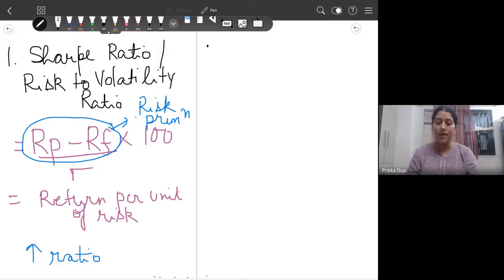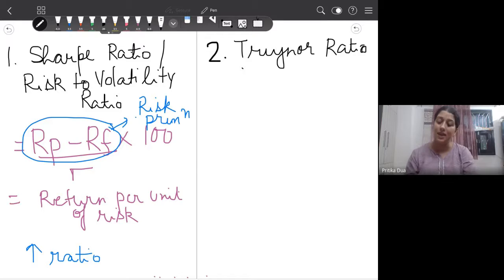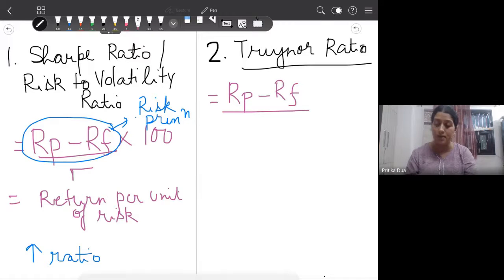A second related ratio is the Treynor ratio. So now the Treynor ratio is also giving you the return per unit of risk taken, but the difference here is that instead of the total risk, we are taking only the systematic risk of the investment, which is measured, as I told you, by beta.